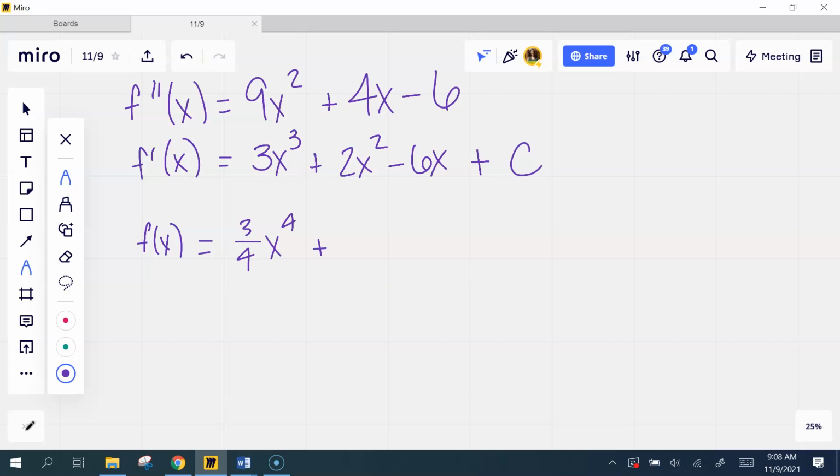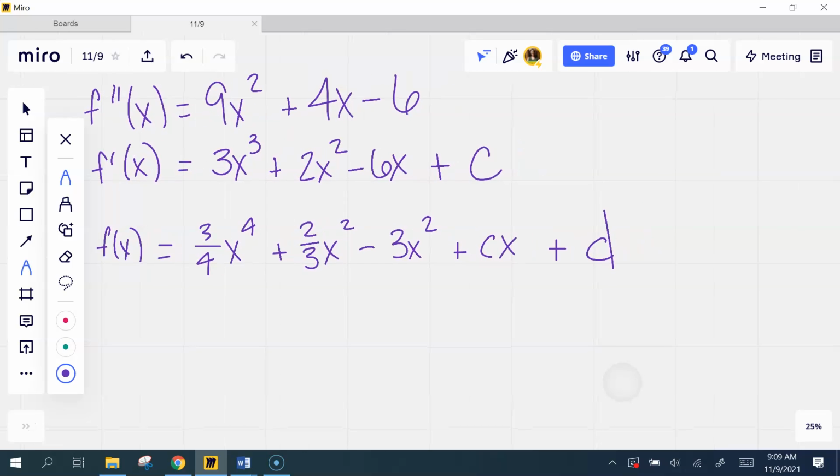They want to do it again. They're anti-deriving the antiderivative. We should probably use a different variable because they might not be the same. You didn't have to do that last step.